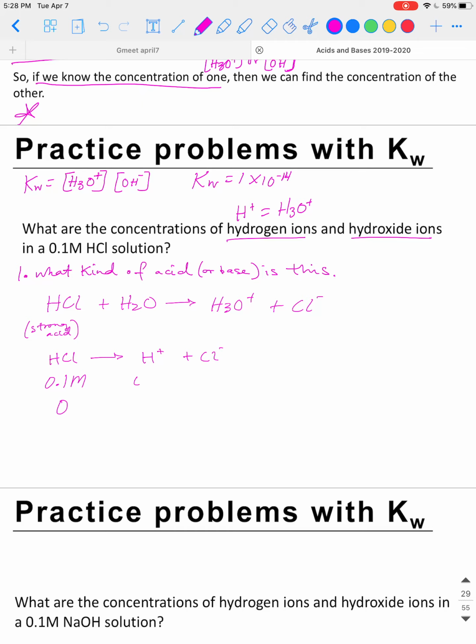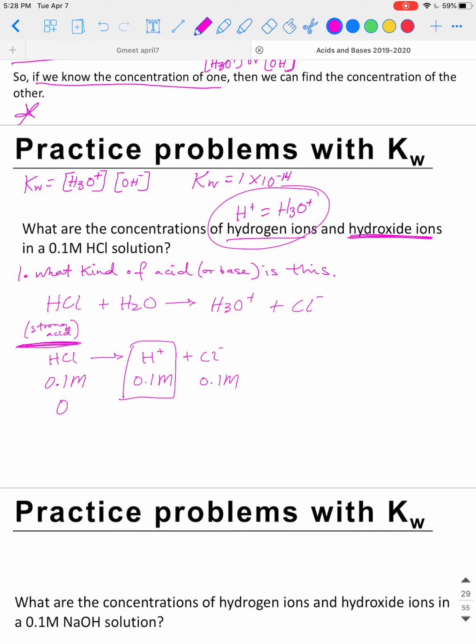So if all of it breaks apart, I'm going to end up with 0.1 molar of H plus and 0.1 molar of Cl minus. So bada bing, we already answered one part of this. What's the concentration of hydrogen ions? We just answered it. 0.1 molar. The reason this was so simple is because we're dealing with a strong acid here, and this is what strong acids do. The part we don't know is, what is the concentration of our hydroxide ions?